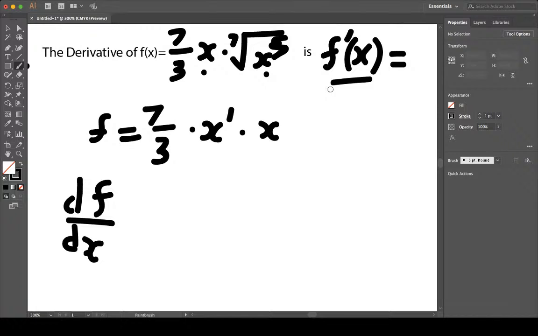The stroke is already 1 pixel, so yeah. So it's 5 over 7. Okay, it works. Let's simplify this a little bit more.